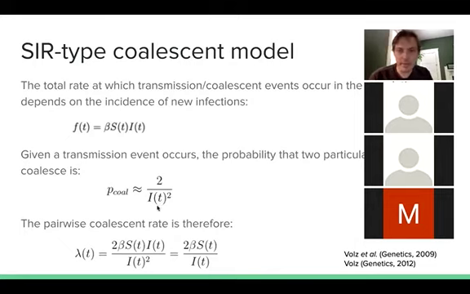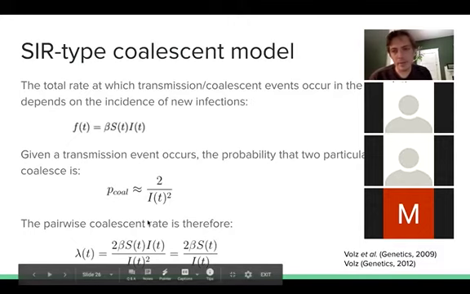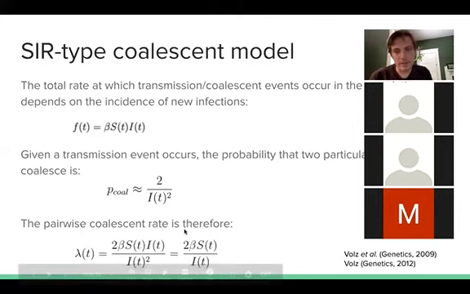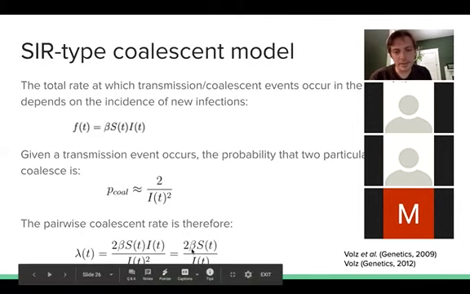So putting everything back together, we can multiply the overall rate at which lineages coalesce times the probability of our particular pair coalescing at that transmission event to get the pairwise coalescent rate, lambda, which is equal to 2 times beta times S times I over I squared. But one of the I's in the numerator and denominator cancels out. So what we're left with for the coalescent rate is just 2 times beta times S over I.